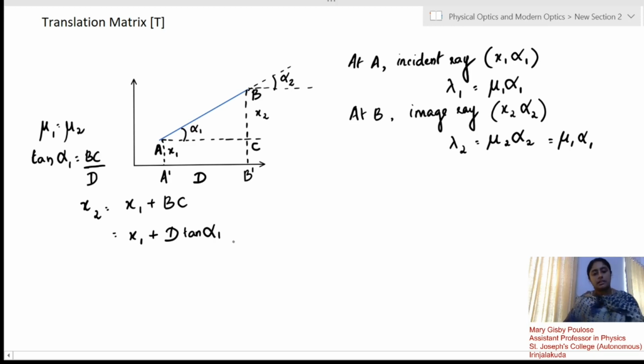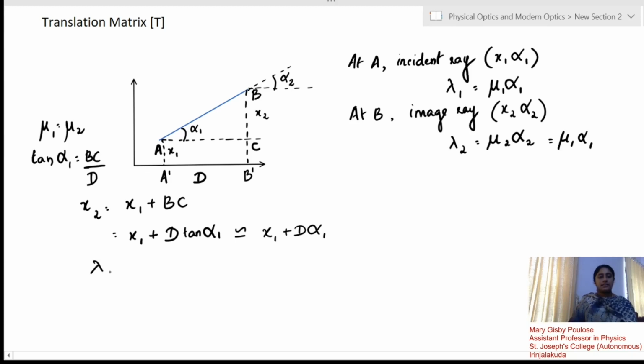Well, when considering paraxial rays, the value of alpha 1 will be very, very small. In that case, tan alpha 1 can be approximated as alpha 1. Hence, this expression becomes x1 plus d alpha 1. This is because, since the value of alpha is very small, tan alpha becomes approximately equal to alpha.